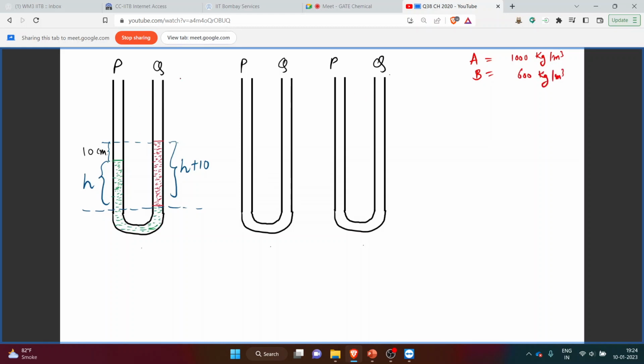And then we have been given this diagram where at equilibrium, the difference between the heights of both the liquids is 10 centimeter.